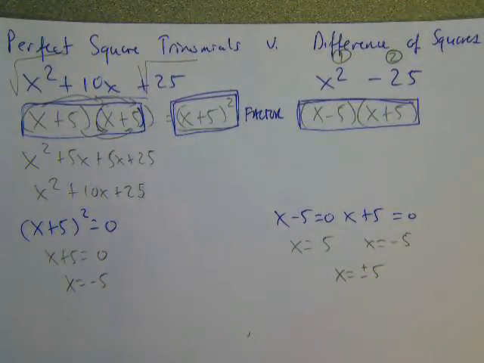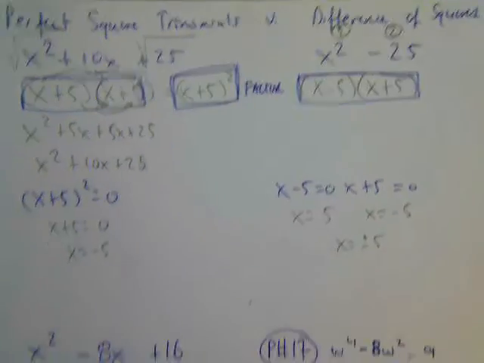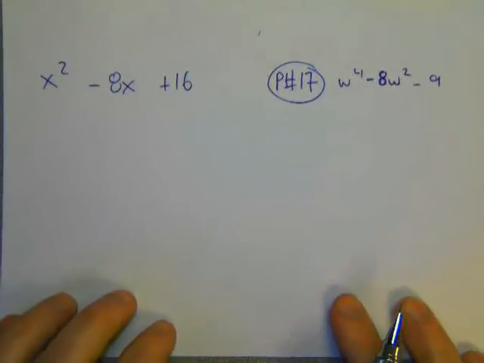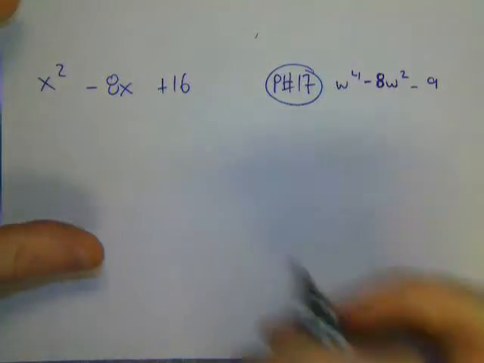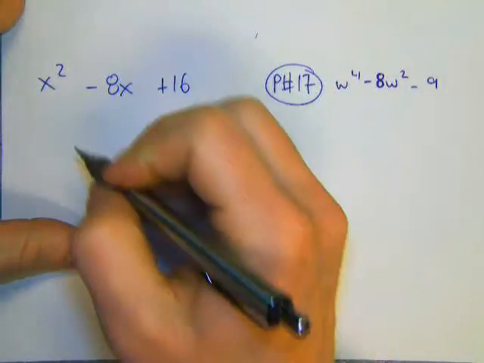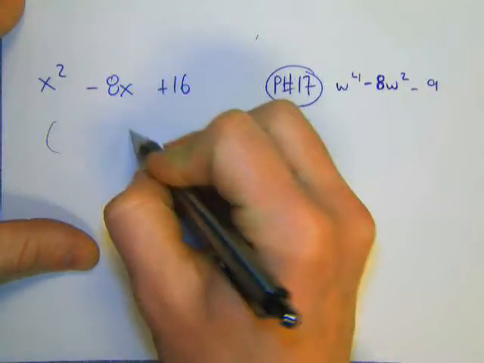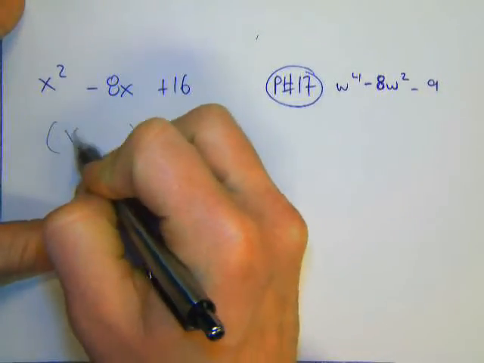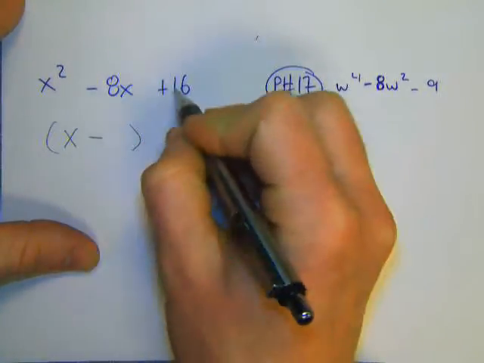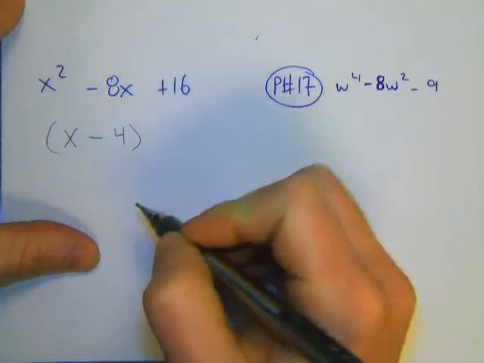A little more on difference of squares. Excuse me, perfect square trinomials. I can't have a negative here. All it does is change the sign. So when I do this one, I've got x minus 4.